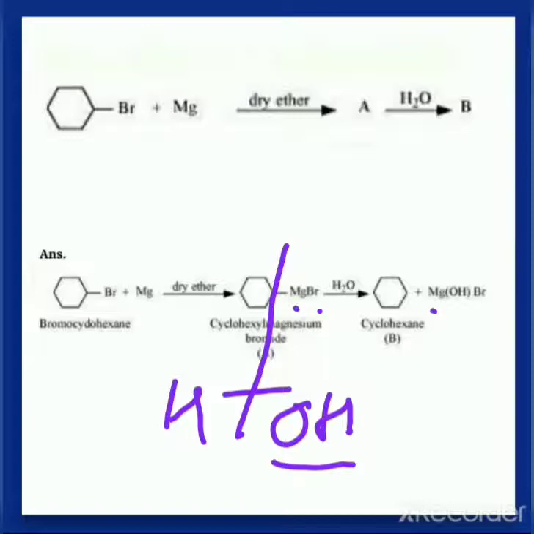So we get MgOHBr. This is a side product which is formed in this reaction. So in this we needed to identify A and B. This is our A, this is our B. That means A is cyclohexyl magnesium bromide and B is cyclohexane.